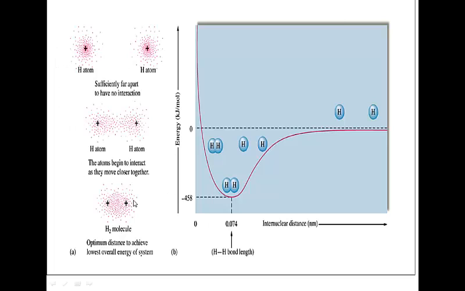All right, so this is a little pictorial. This is the formation of the bond between two hydrogen atoms to form hydrogen gas. And what I want you to realize is the lower the energy, the better. The bond distance here is even lower energy than really close here.